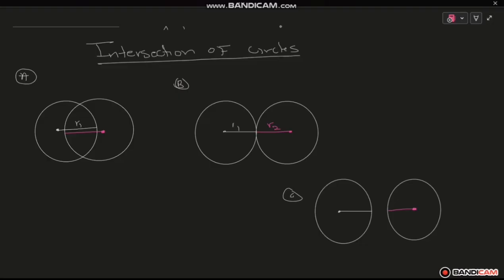This is R1. This is R2. This is R1 and this is R2. So R1 is radius 1 or first radius, and the second radius is R2. Okay, so let's talk about option A.